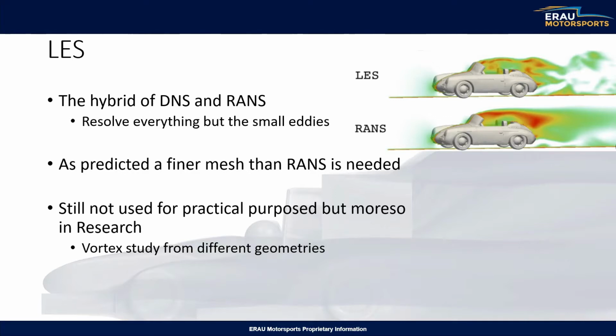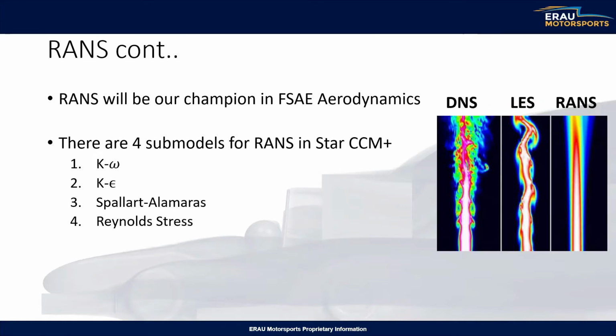Of course, a finer mesh is needed than a RANS model to solve the larger eddies, and so because of all this, it is still not used for practical applications, but more so in research. For example, you would use LES to do a vortex study and its effect from different geometries and etc. And so because of the wide practical use of RANS, we will use that turbulence model in our simulations.